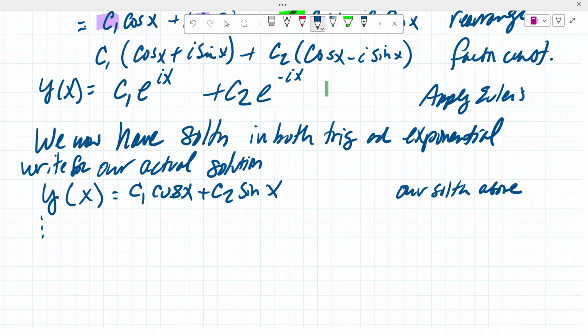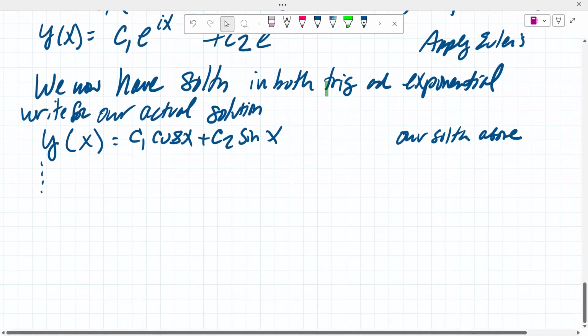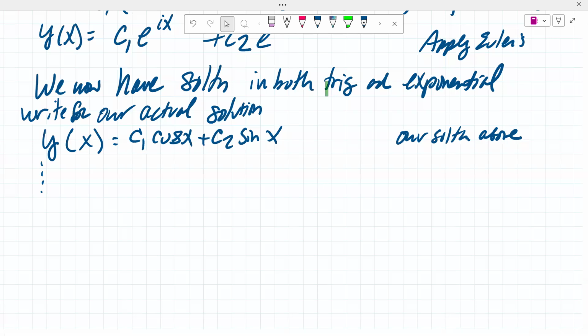And then we were going to basically repeat the same steps. It's the same procedure. It's just that the constant names have changed. And I just want this to come out in the exact names of the constants that we're using. So now y of x equals c sub a e to the ix plus c sub b e to the negative ix.